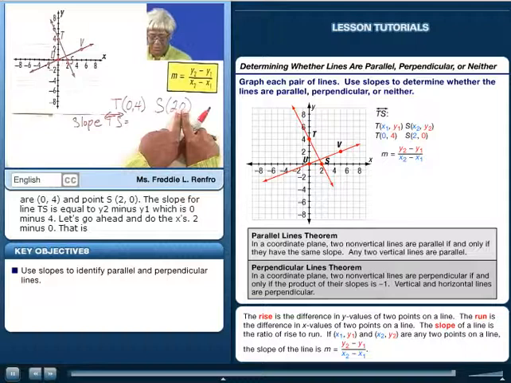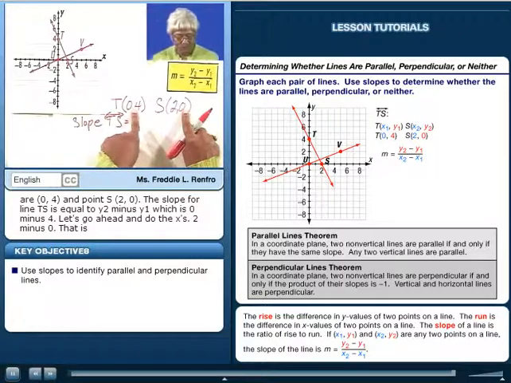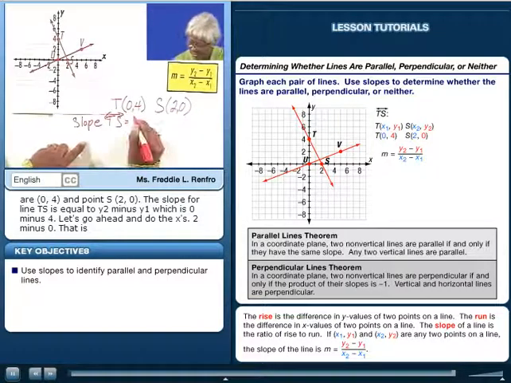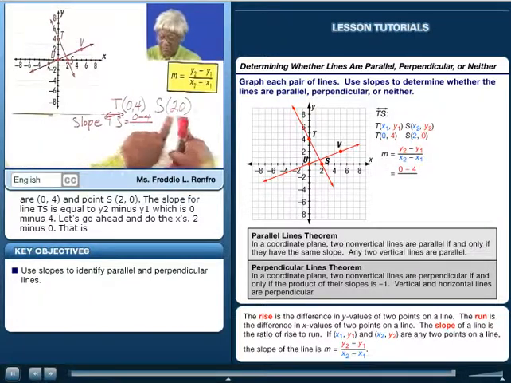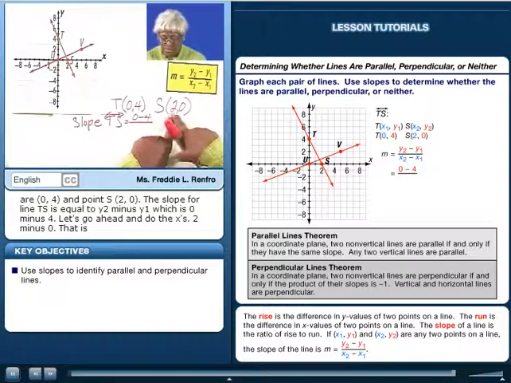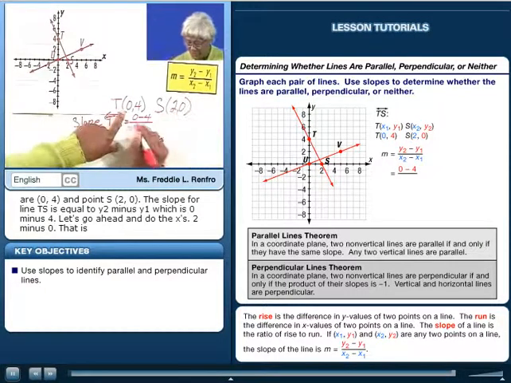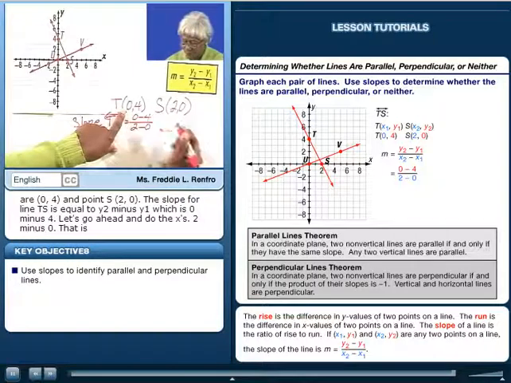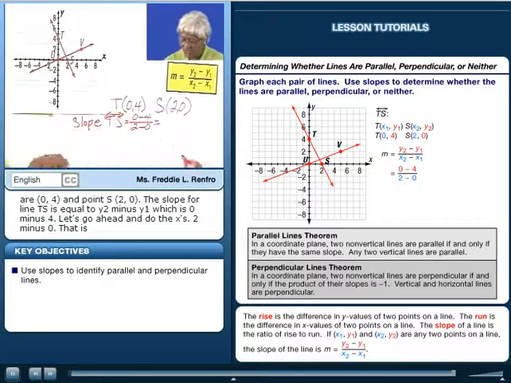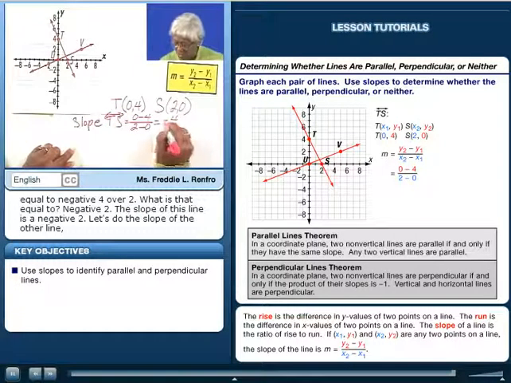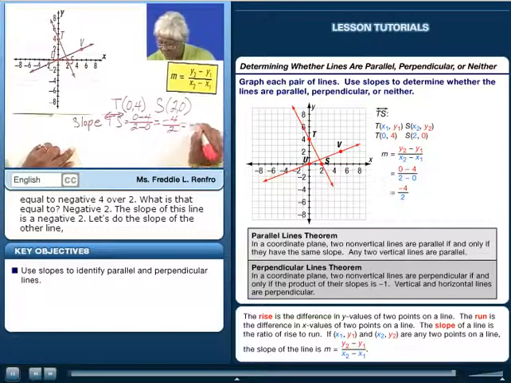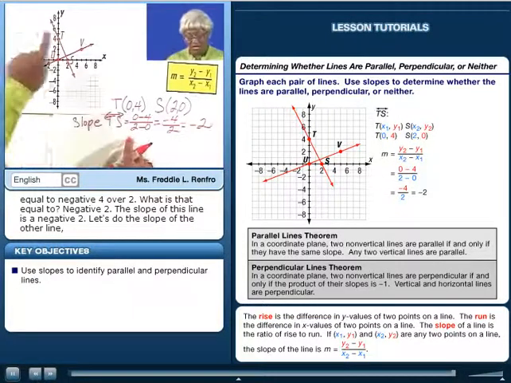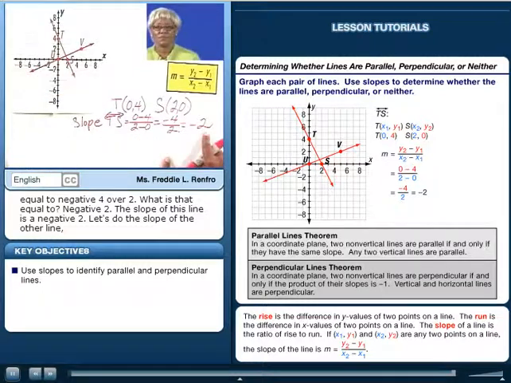Let's start here: 0 minus 4, and then let's do the x's: 2 minus 0, which is equal to -4 over 2. And what's that equal to? -2. So the slope of this line is -2.